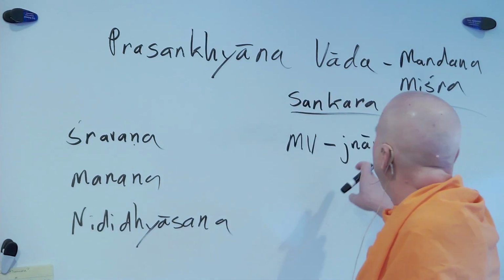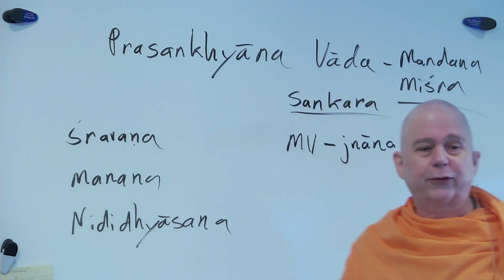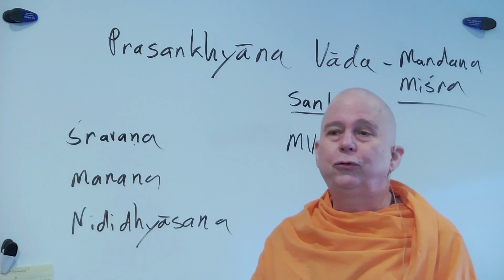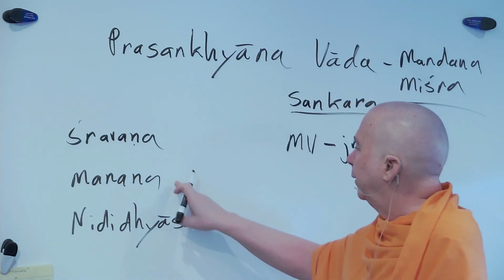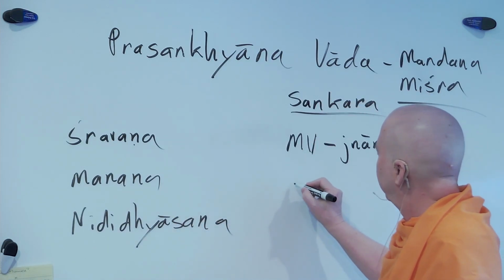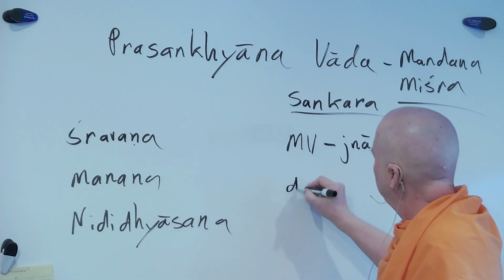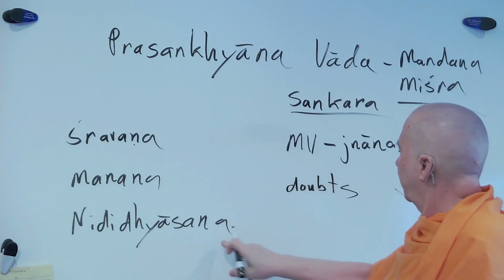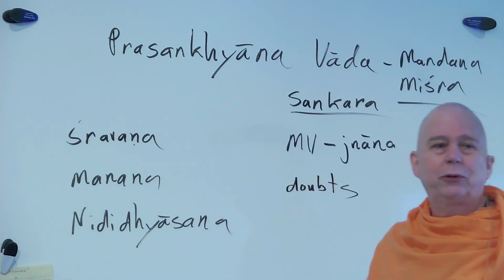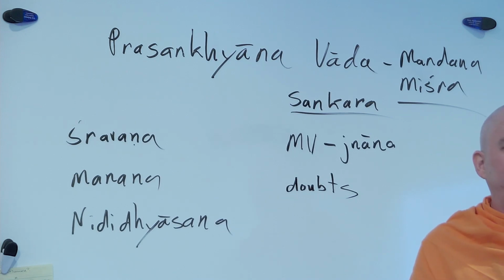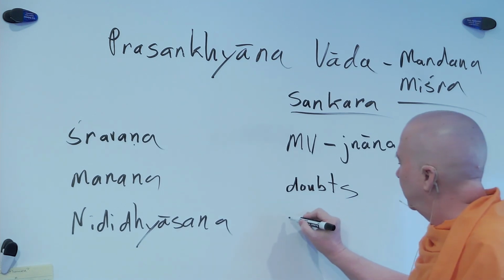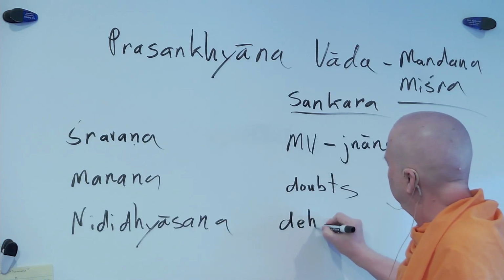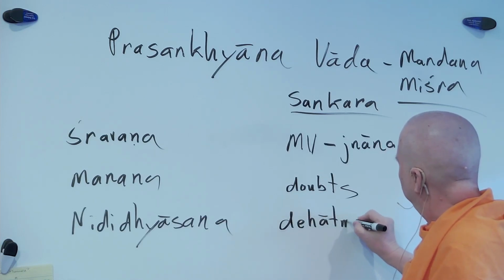Therefore, after this initial discovery, there are two problems that will remain. One problem is doubts, and the other problem is habitual identification with your body and mind. We've spoken about that before, and we've called it dehatma buddhi.